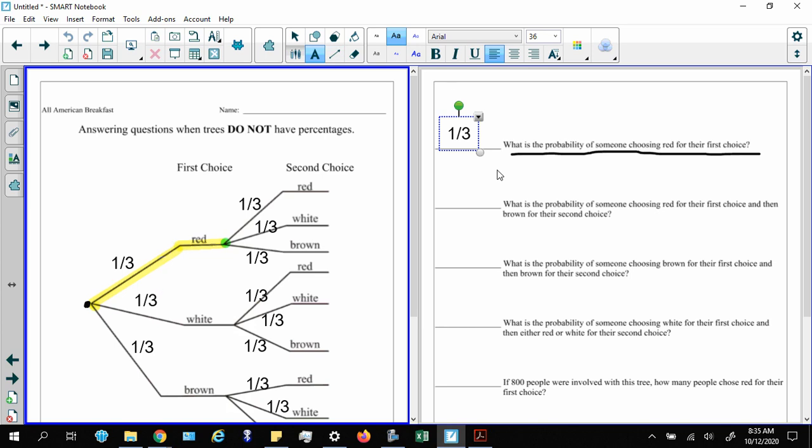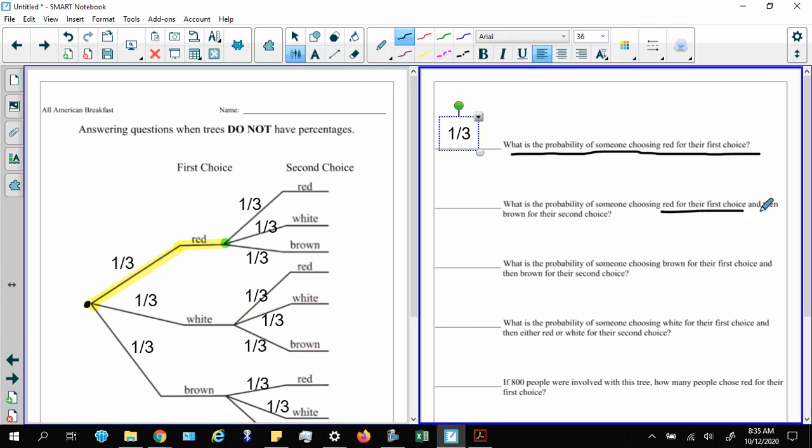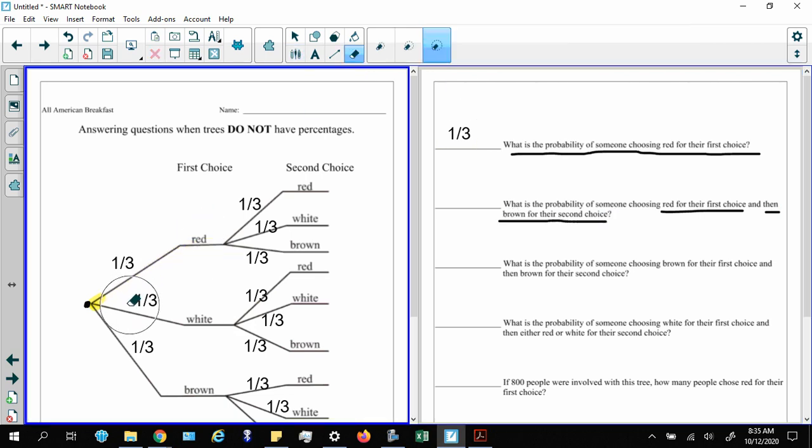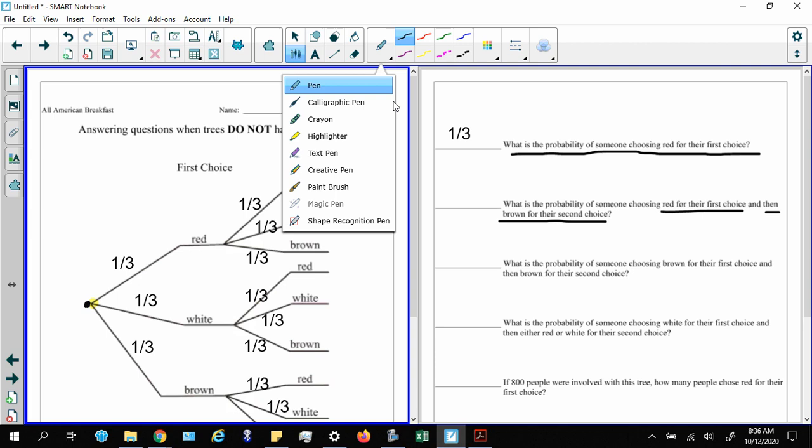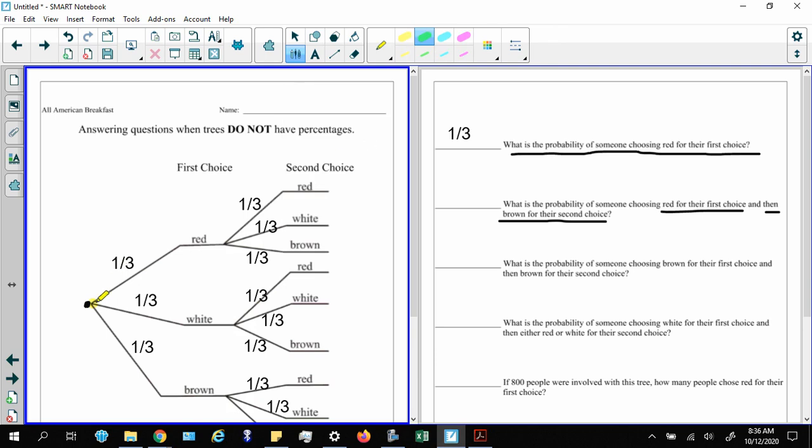Now, in the next question, it says, what is the probability of someone choosing red for their first choice and then brown for their second choice? The best way to explain this is to highlight. So red is their first choice, which is a 1 out of 3 situation.